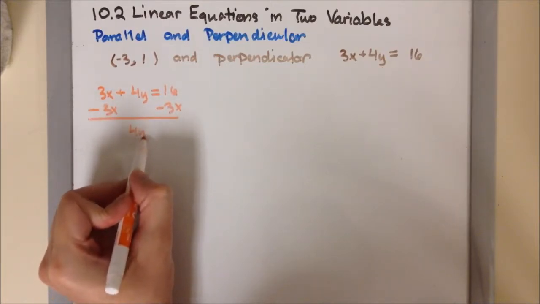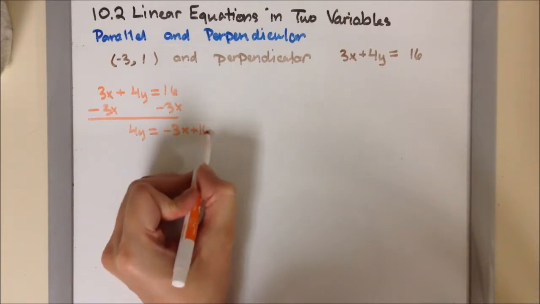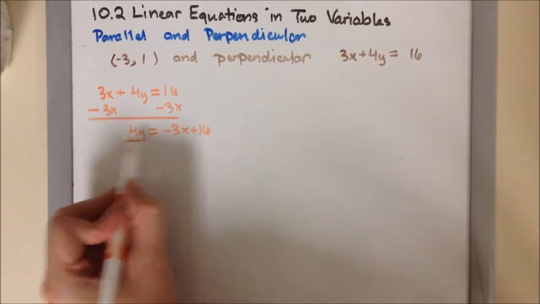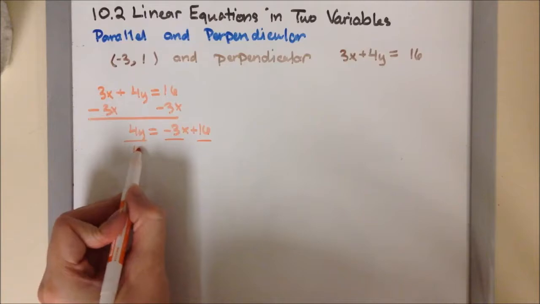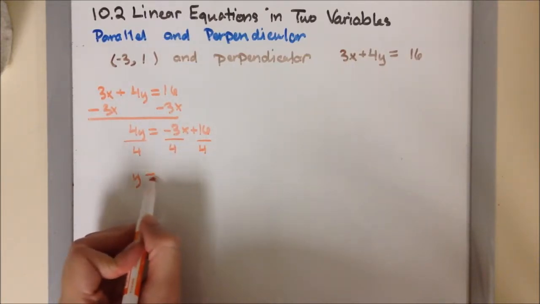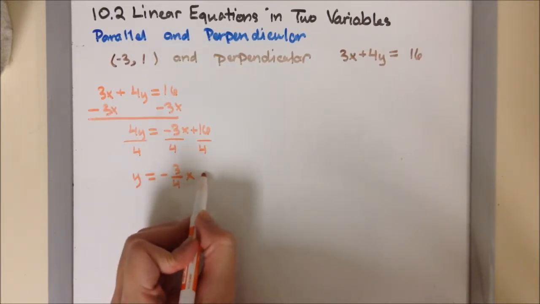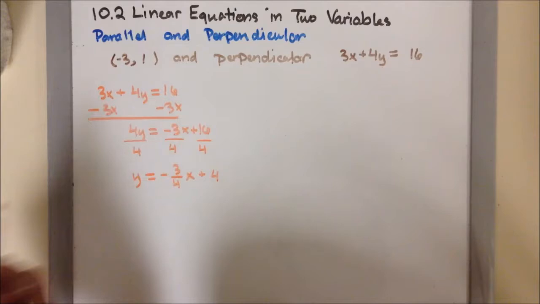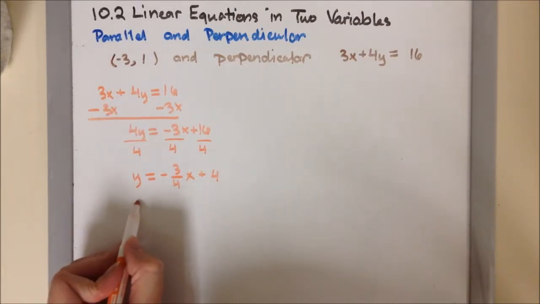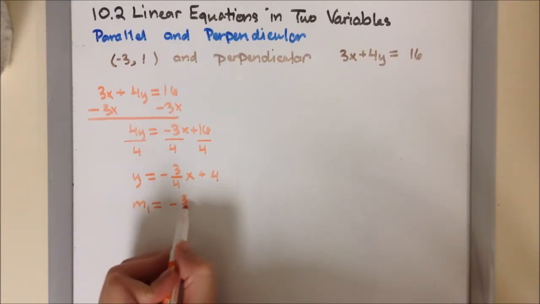So 4y is equal to negative 3x plus 16. Divide both sides by 4. So I'm going to get y equals negative 3/4 x plus 4. So my slope here is negative 3/4.